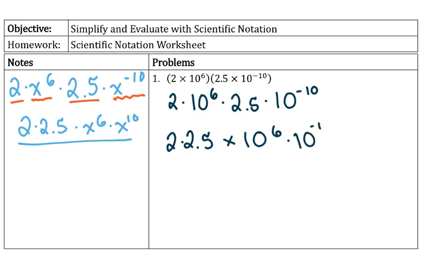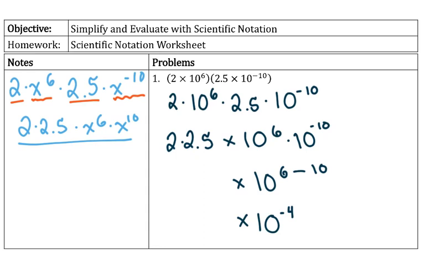And since they have the same base, we can combine our powers of 10 using addition, since we're multiplying them. 10 to the 6th plus negative 10 is 10 to the 6th minus 10, because the positive and the negative can combine to a subtraction problem. So our powers of 10 simplify to 10 to the negative 4.